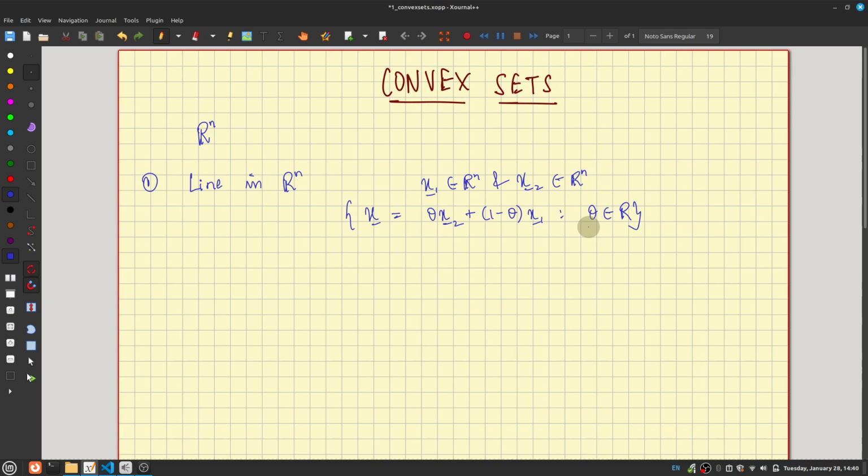So it's essentially the set of all points that can be written as a special linear combination of x1 and x2, right? Now, if I don't restrict myself to these kinds of linear combinations, let me take, say, the set of all alpha x1 plus beta x2, and I vary alpha and beta over all possible reals, then what do I get?